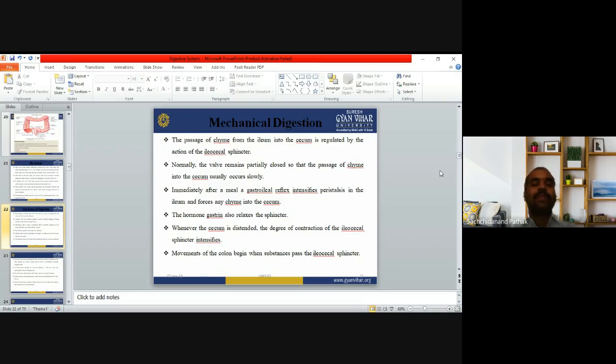Whenever the cecum is distended, the degree of contraction of the ileocecal sphincter intensifies. The movement of the colon begins when substances pass the ileocecal sphincter. So when the food reaches the large intestine, colon movement will start.